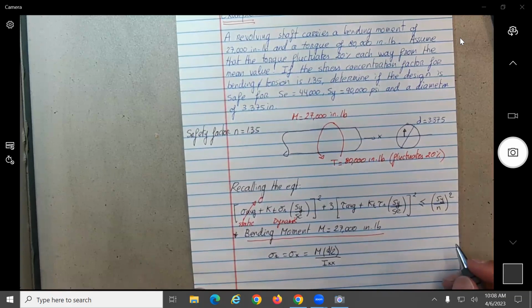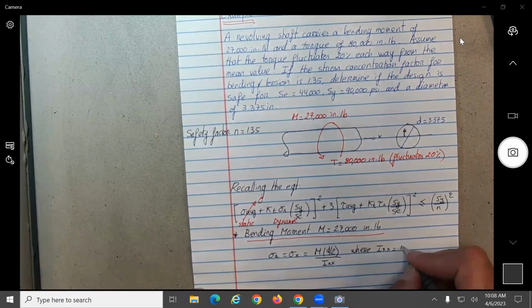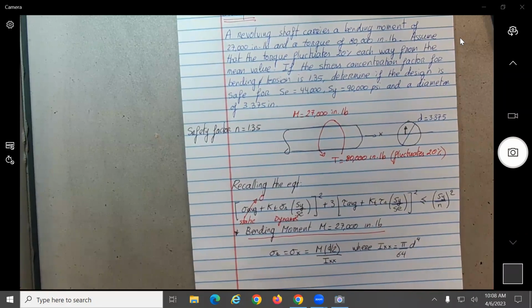What will be sigma? Remember, I is properly pi over 64 diameter to the fourth. Let's see, this will give us what?